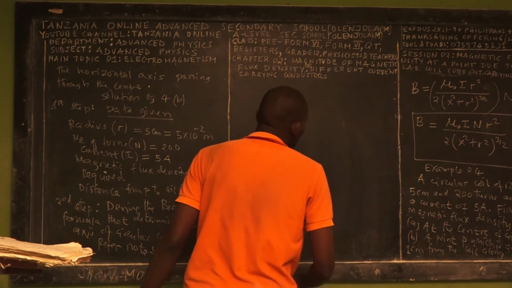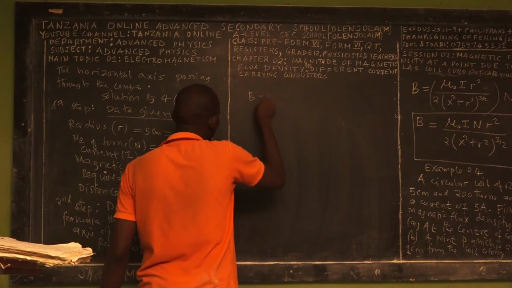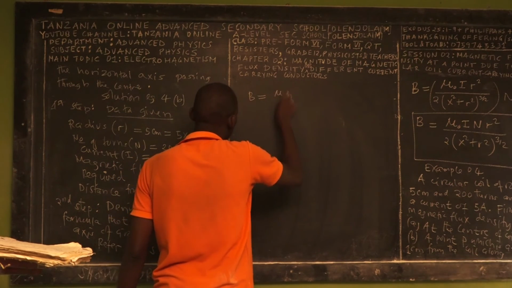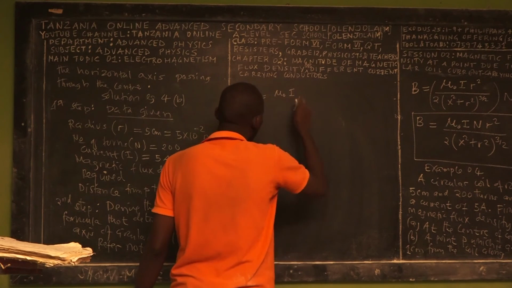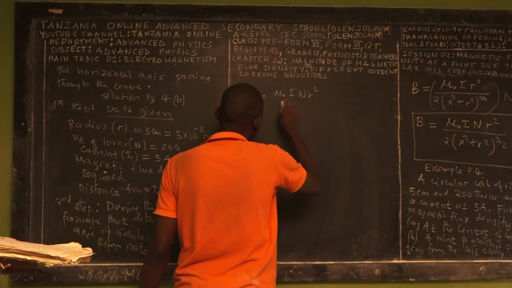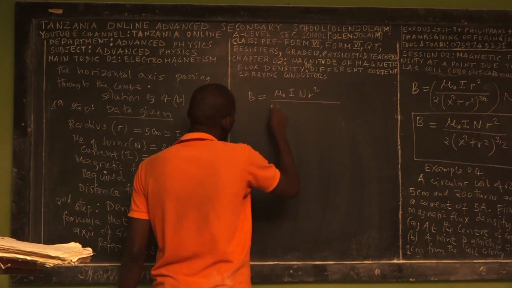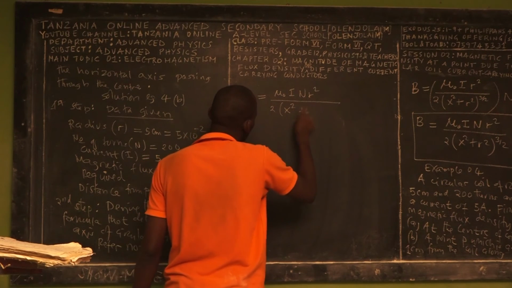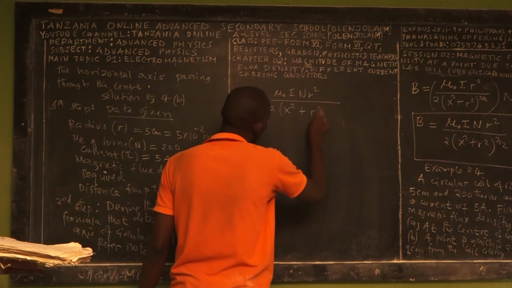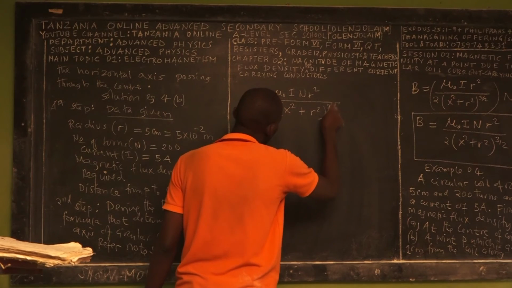So after derivation, you find the formula of the magnetic flux density is equal to the permeability of free space times current times the number of turns times the square of the radius of the circle, over 2 times x squared plus r squared to the power 3 over 2.